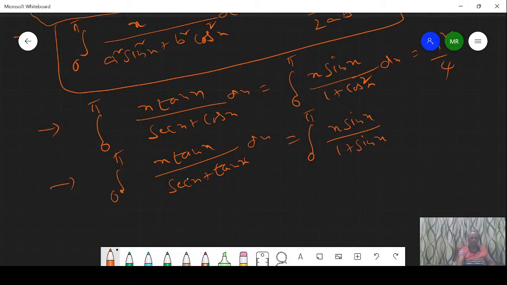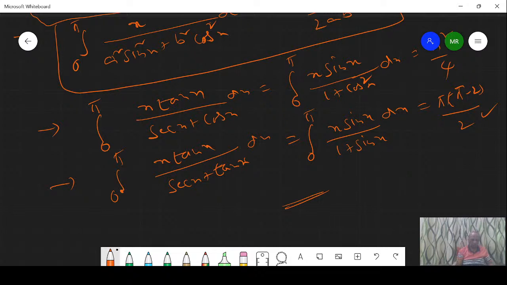If I write sin by cos over 1 by cos plus sin by cos, the cos will eliminate, and the answer will be pi into pi minus 2 by 2. Pi into pi minus 2 by 2 will be our answer.